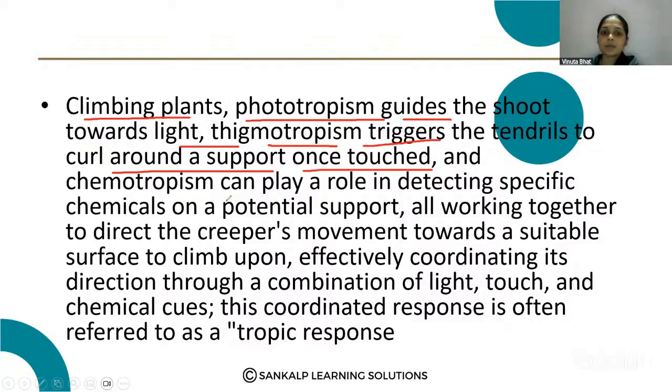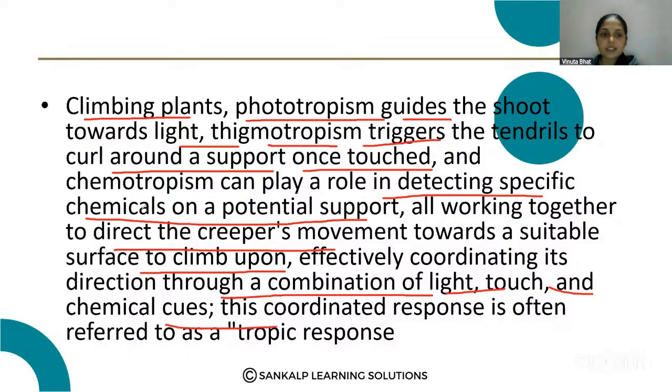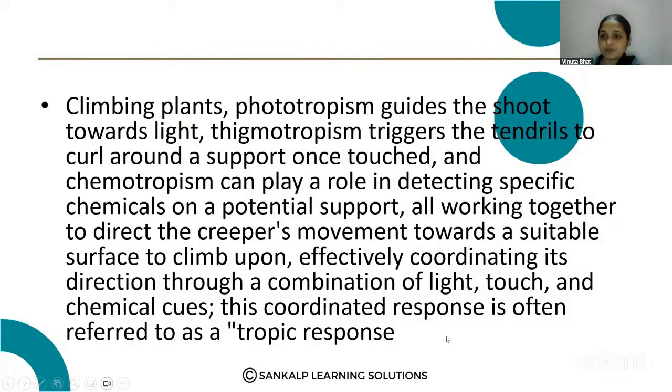And chemotropism can play a role in detecting specific chemicals on a potential support, all working together to direct the creeper's movement towards a suitable surface to climb upon, effectively coordinating its direction through a combination of light, touch, and chemical cues. This is how all these tropisms help the plant to climb.